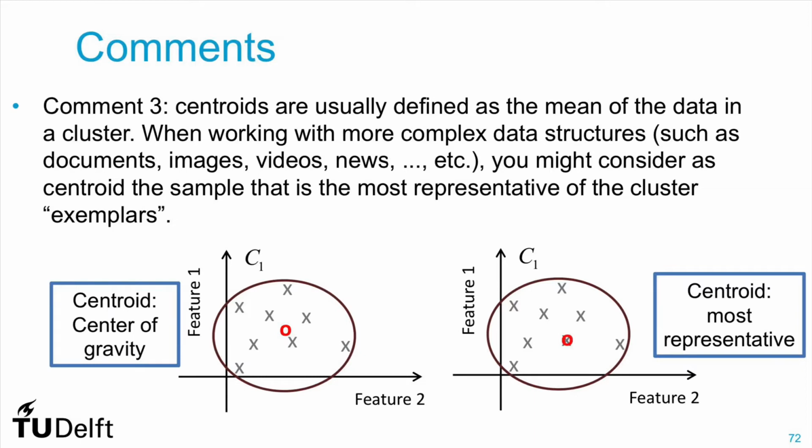So in those cases, you might consider that the centroid could be selected within the samples belonging to the cluster. In that case, the centroid will be a representative of the cluster, and it's called the exemplar. In the figures below, you see in one case the centroid calculated based on the center of gravity of those data points, and on the right we just select one of the members to be the centroid as the most representative data from the cluster.